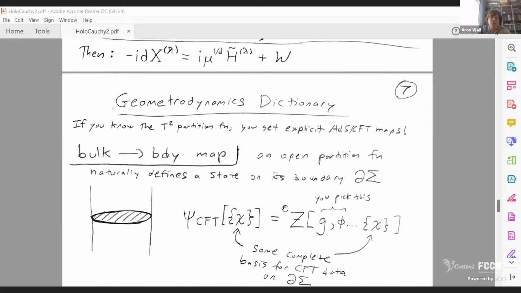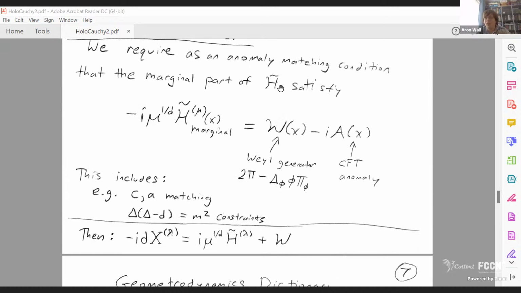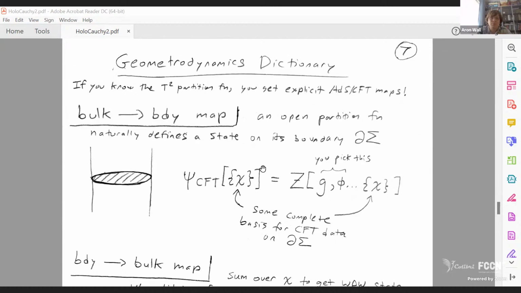Anyway, so it'll probably be important that you pick whatever Hamiltonian constraint is the actual Hamiltonian of the bulk theory that's dual to your CFT. So now having done that, something remarkable pops out, which is that you actually get an implementation of the AdS/CFT dictionary that relates CFT states and bulk geometrodynamic states.